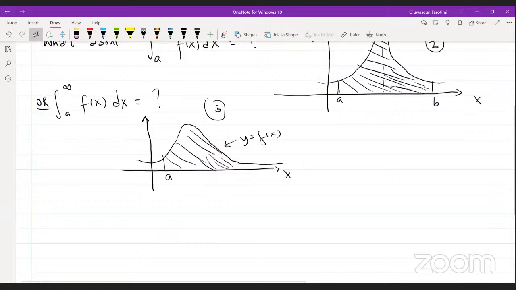Now, let me make a definition, guys. Definition. Now we want to actually define an improper integral.